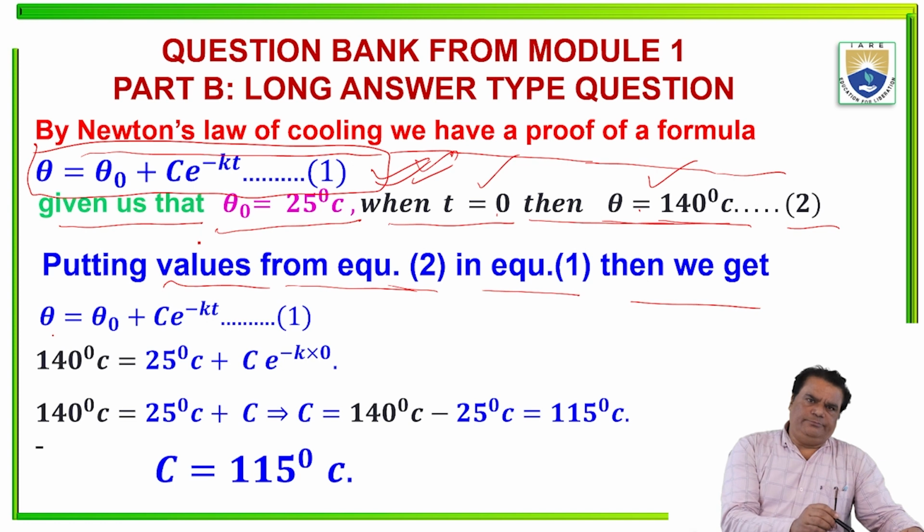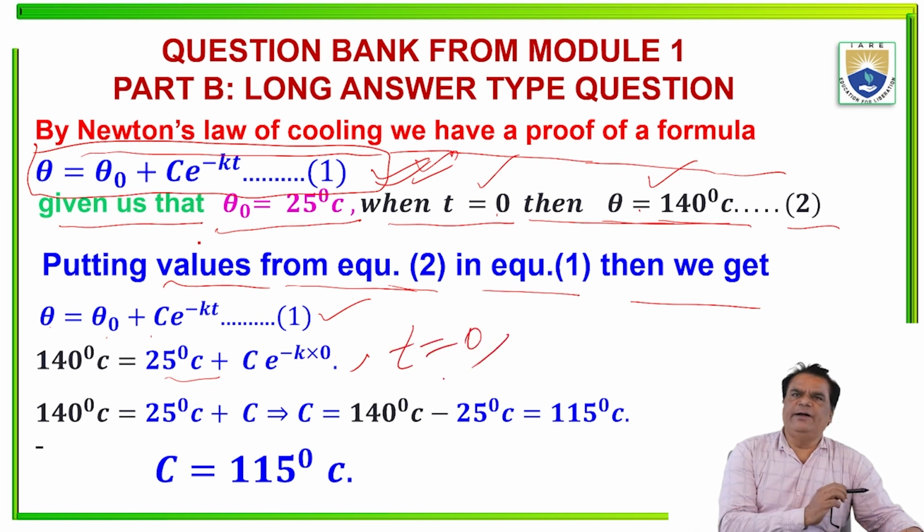The formula is theta equals theta naught plus c e to the power minus kt. Putting theta 140 degrees equal to theta naught 25 degrees Celsius plus c e to the power minus kt, t is 0 here. So minus k into 0, e to the power minus k into 0 is 1.